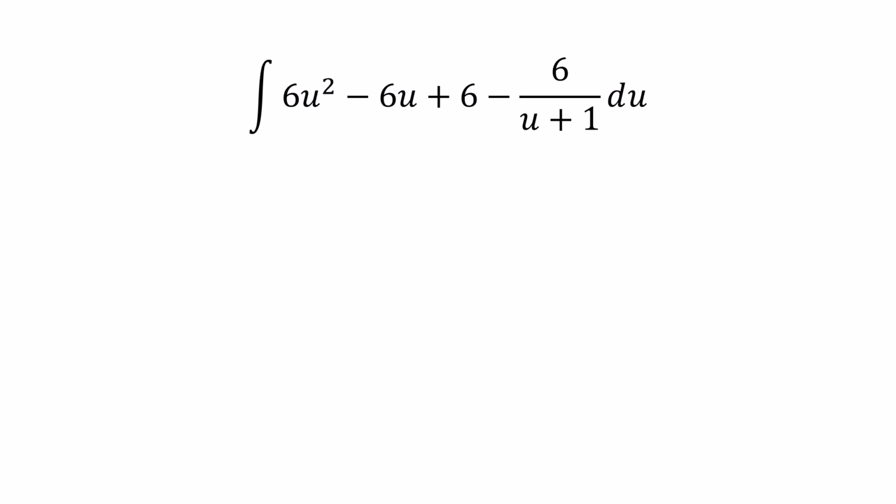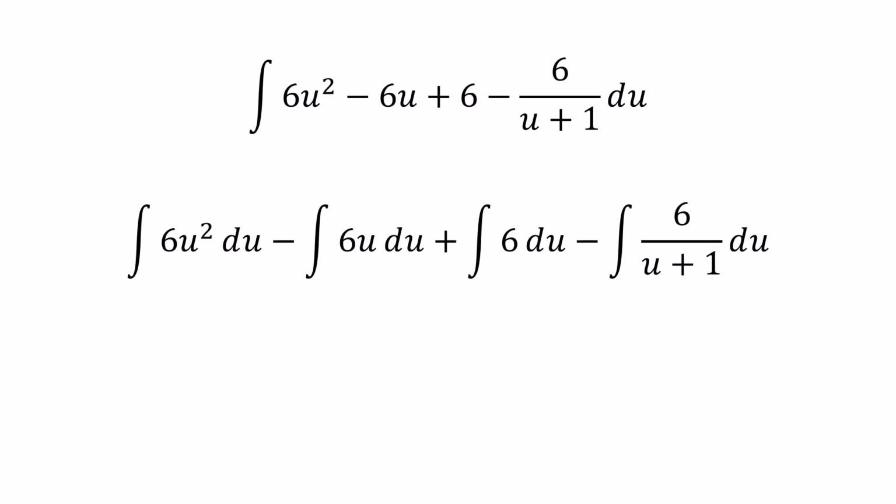Applying the sum rule, we obtain the integral of 6u squared du minus the integral of 6u du plus the integral of 6 du minus the integral of 6 over u plus 1 du.